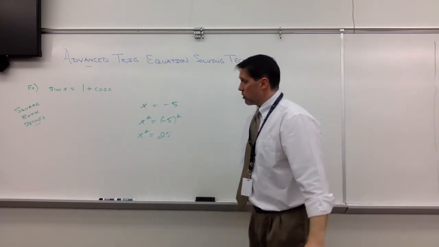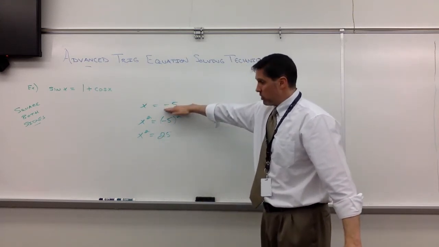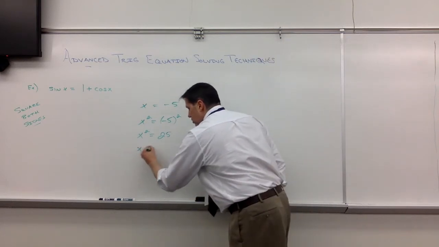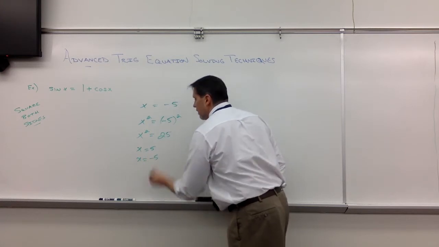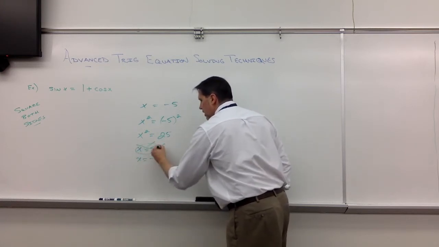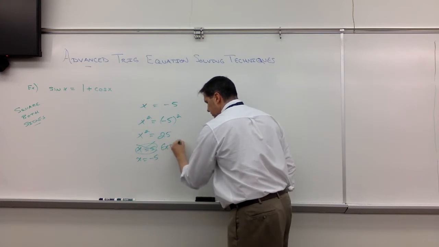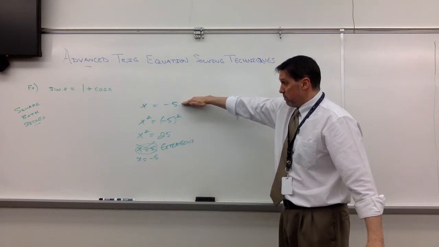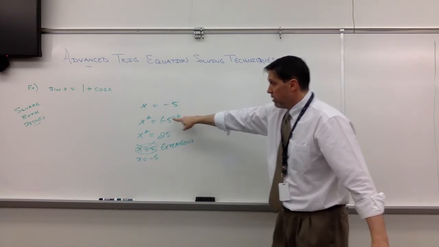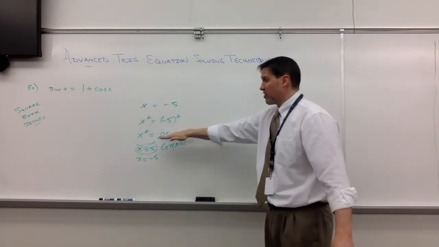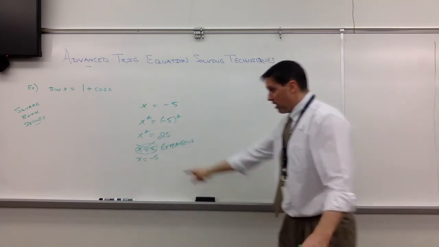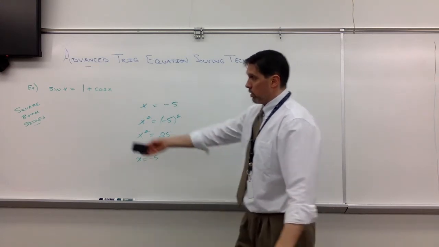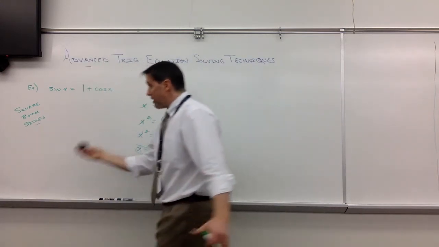Now, if you try to solve that equation to get back to this answer, you actually get two answers. Solving it, you get x equals 5, x equals -5. 5 would be called extraneous, because that was not my original solution. My original solution was x equals -5. But you can see squaring both sides of an equation can bring along some extra stuff for the ride, some extraneous. So the moral to the story is when you square both sides, watch out for extraneous.